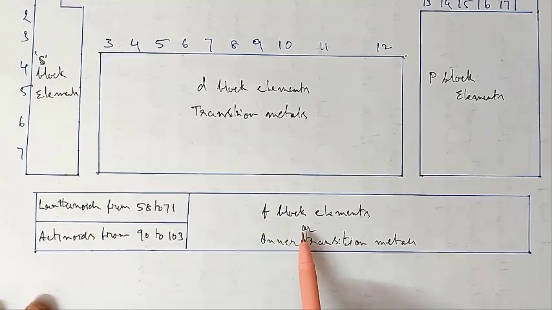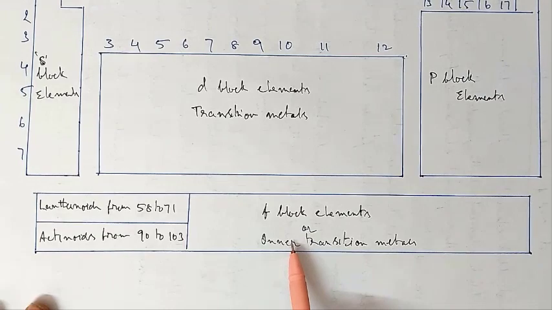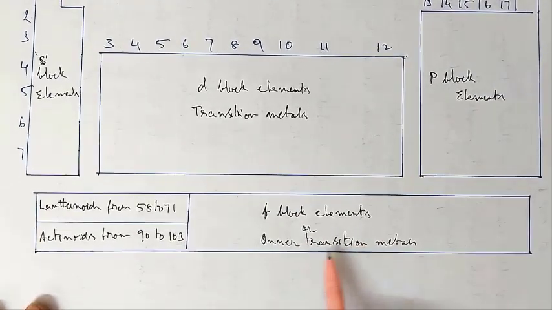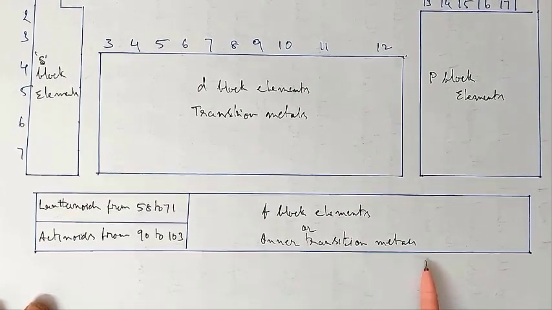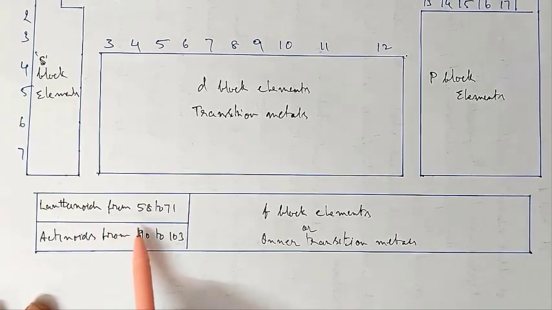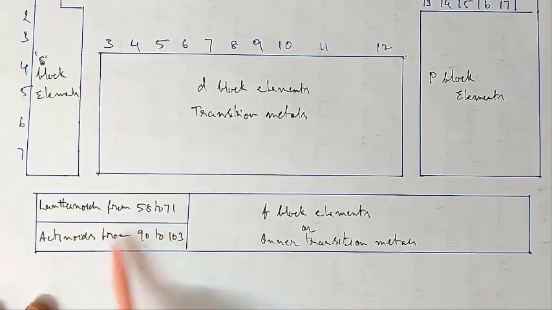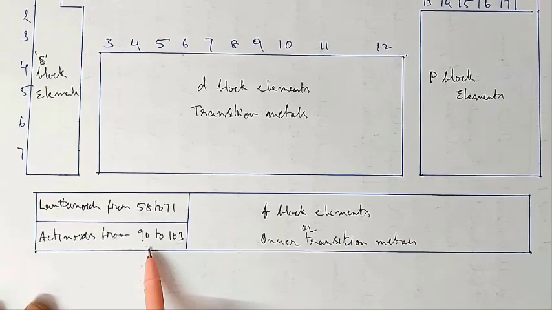In F block elements, the last electron enters the antepenultimate f subshell. Therefore, they are referred to as F block elements. They are also referred to as inner transition elements. They are lanthanoids and actinoids. Lanthanoids are the elements with atomic numbers from 58 to 71, whereas actinoids are the elements with atomic numbers from 90 to 103.